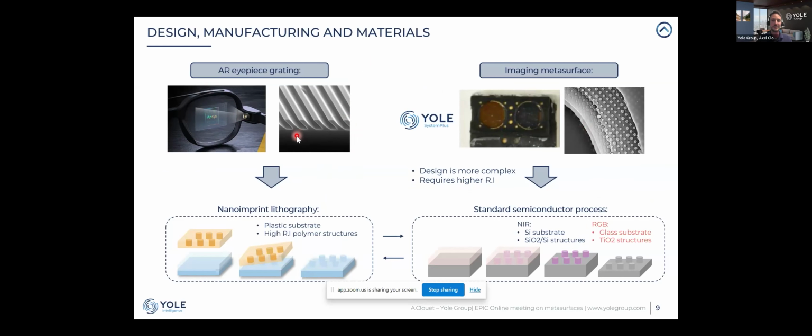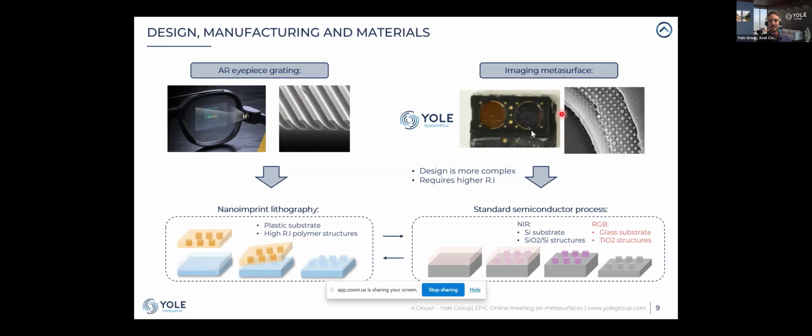And also the refractive index can be smaller compared to what we need in the imaging field. So the process that is anticipated to serve the AR market is based on what we call nano imprint lithography. This consists in, for example, having a substrate, depositing a high refractive index polymer resist, and directly imprinting the structures with a stamp on it.